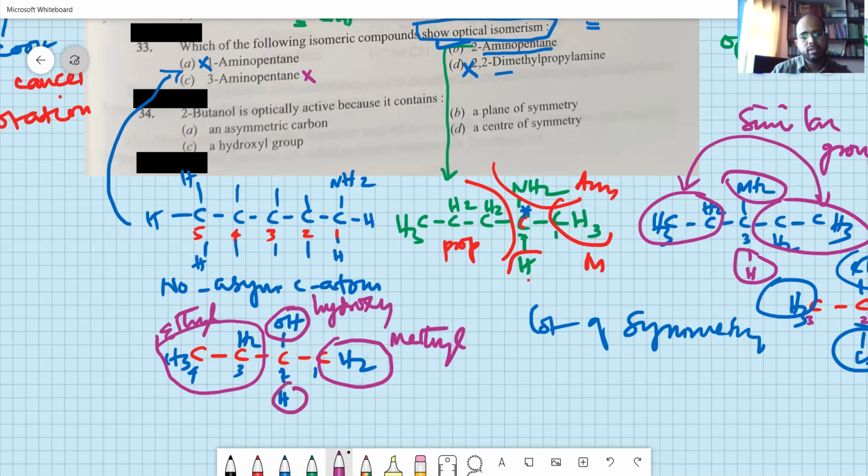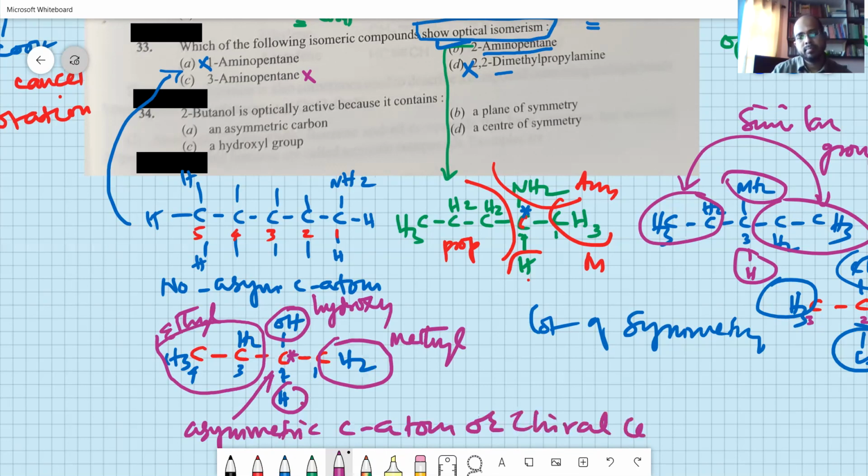Here you have hydrogen. So this is probably an asymmetric C atom or chiral center. Okay. So 2-butanol is optically active because it contains this, which is the right answer.